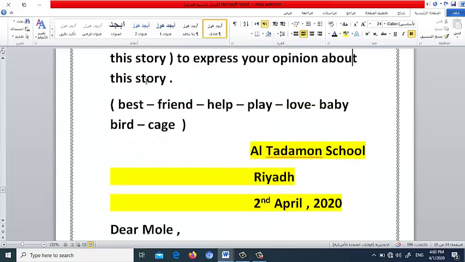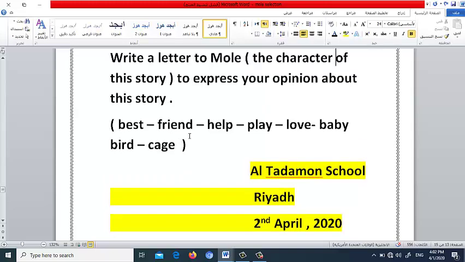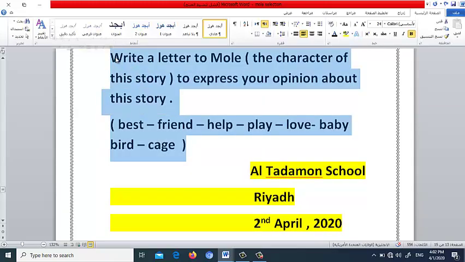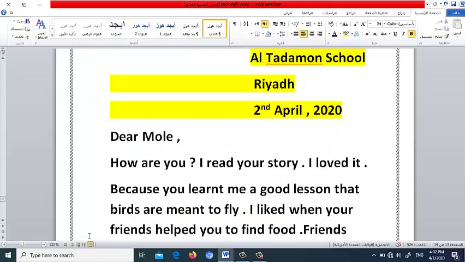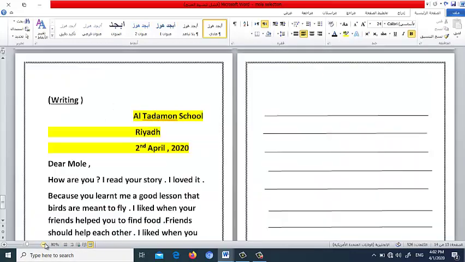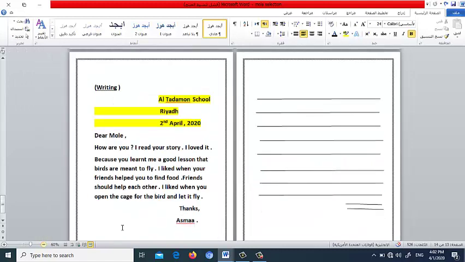I will read it again with you. I want to show you the whole letter like that. Bismillah. Here we have writing. We will write a letter for Mole, the character in the story.